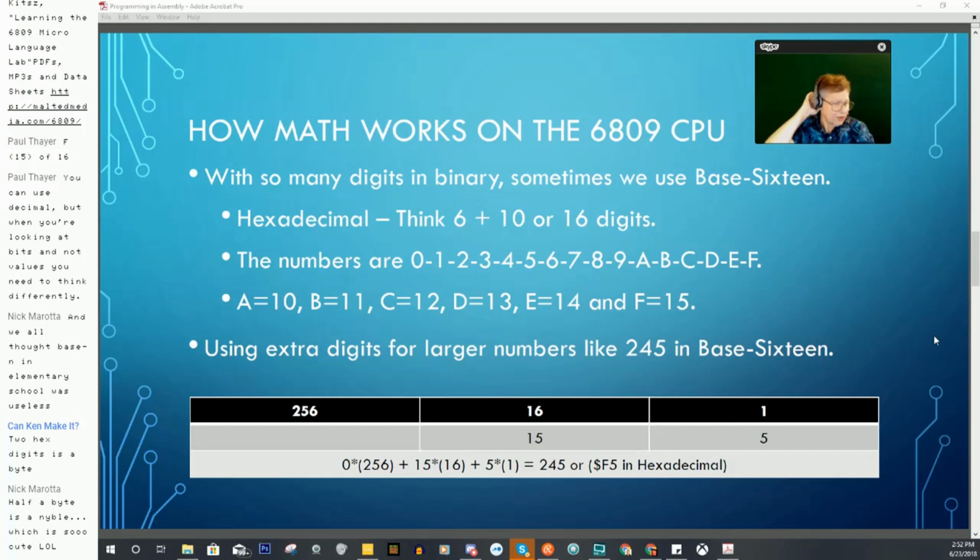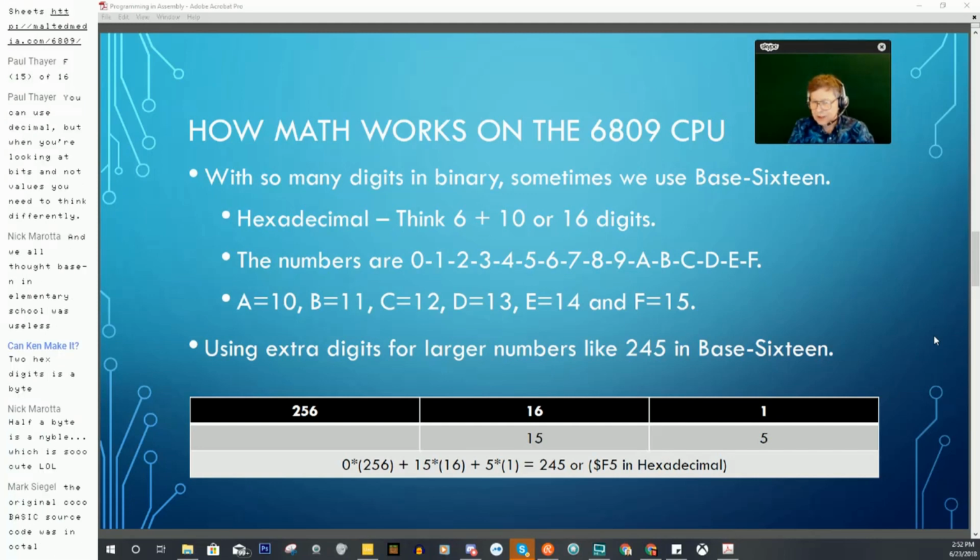So it's a little longer, and you have to think about it because it doesn't break down that easily to decimal. And it doesn't match a byte either. So that's the real point here: binary and hexadecimal.